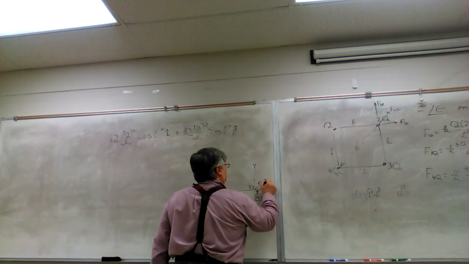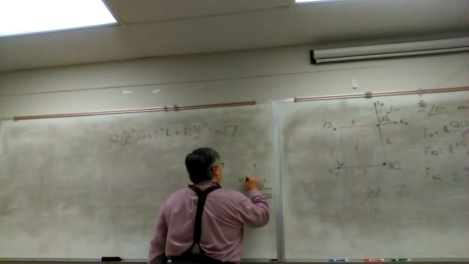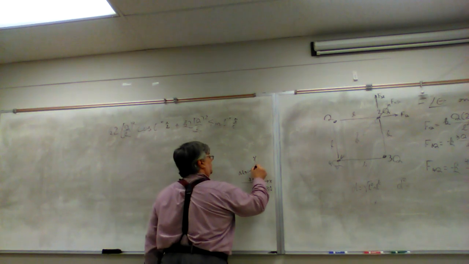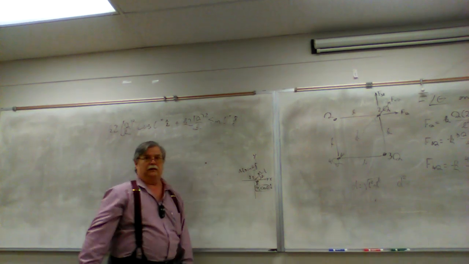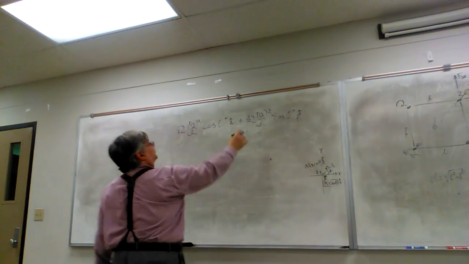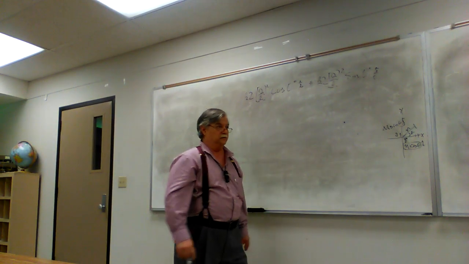And vertically, it would be this magnitude times the sine of the angle times the unit vector J. Exactly. So that's the two components of this thing in rectangular coordinates.